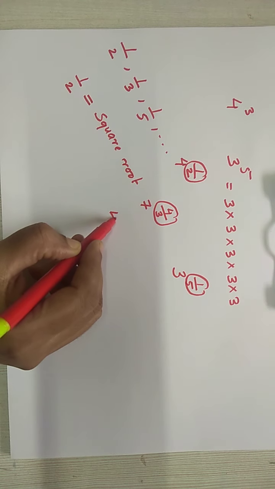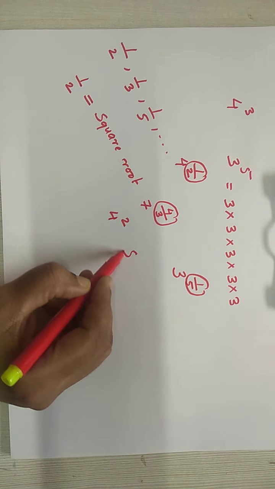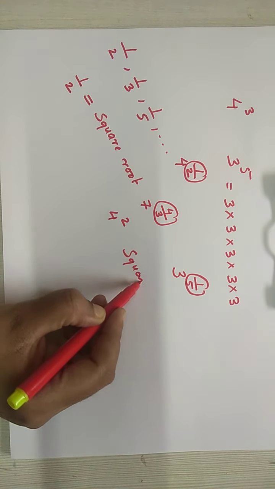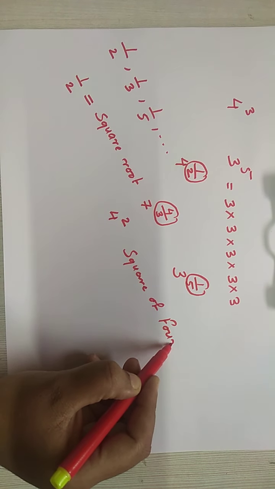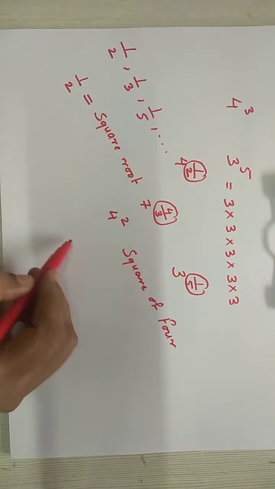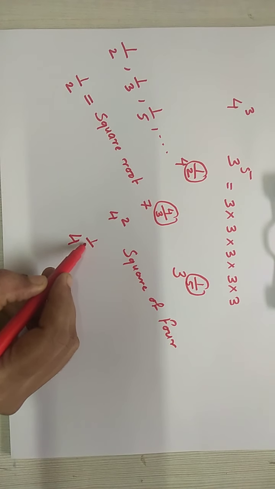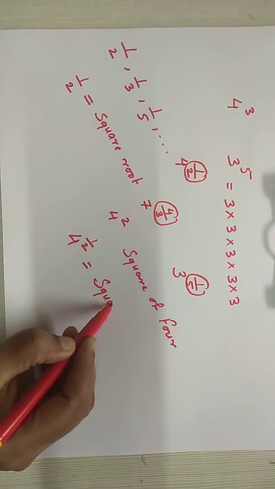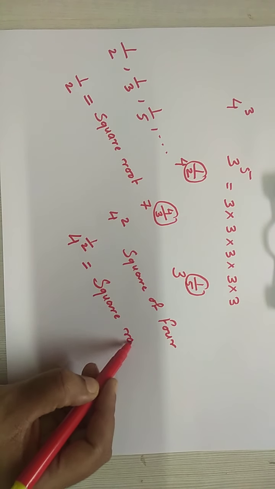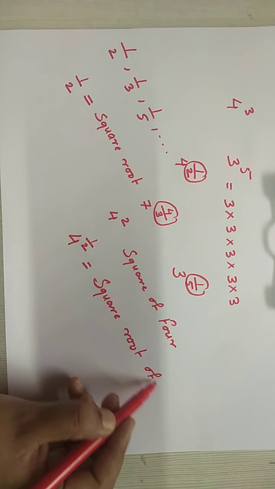When we write 4 raised to 2, it means square of 4. When we write 4 raised to 1 upon 2, it means square root of 4.